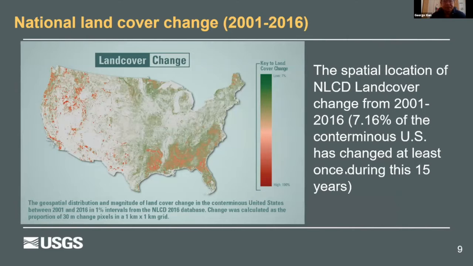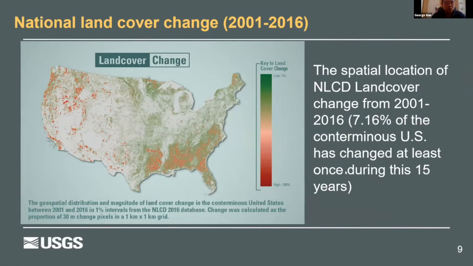You can see this is one of the products provided by NLCD. For the entire nation, we can estimate the land cover change from 2001 to 2016. This shows where we have high intensity change for the land cover, and where we have lower intensity change.